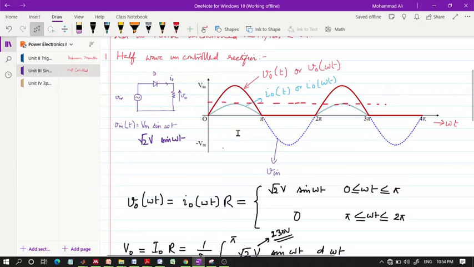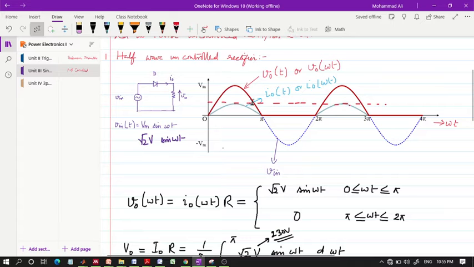So this dotted line basically is the actual sinusoidal waveform that we have as our input supply, this Vn. Now in the positive half cycle, this diode is forward biased and the current starts flowing through this circuit. So this red line. In the negative half cycle we know that this diode will be reverse biased and no current will flow through this circuit.